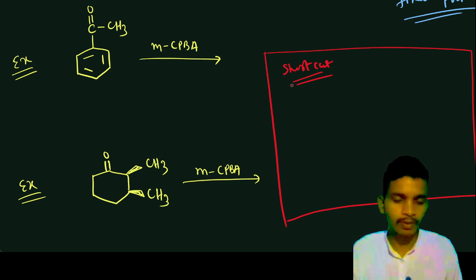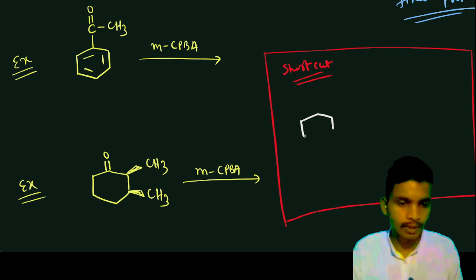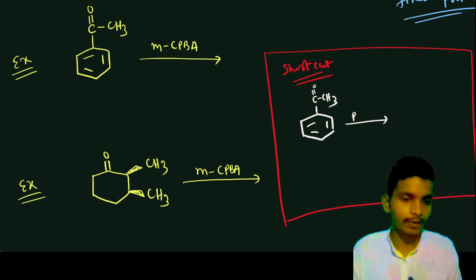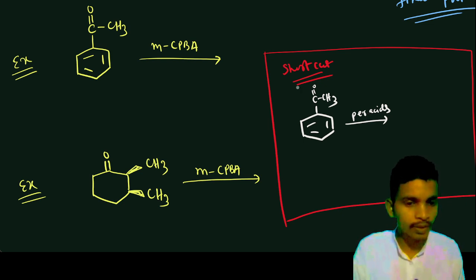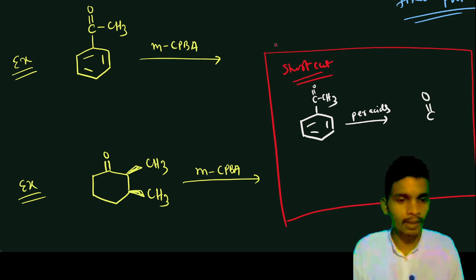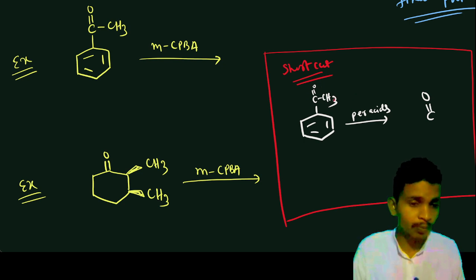The shortcut is that wherever we get a ketone group, let's say this group, CO and CH3, and if we have a peracid, then we keep this carbonyl group, which always stays intact.